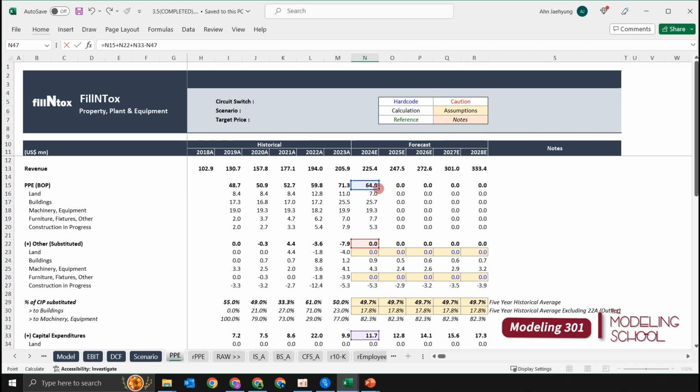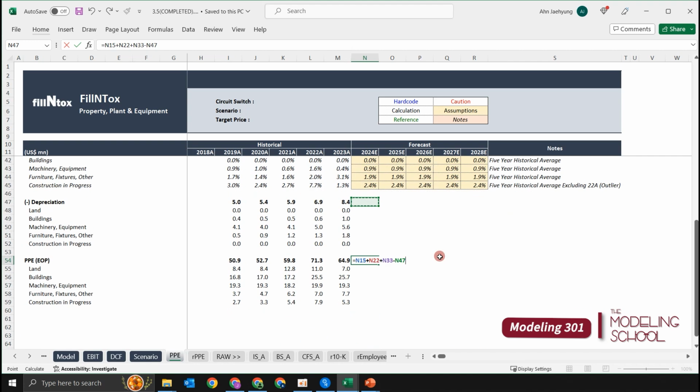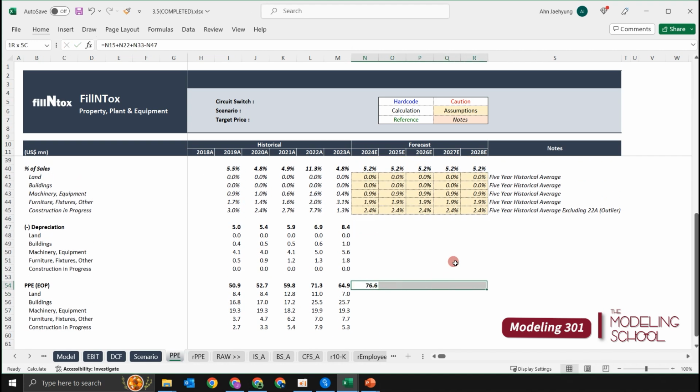And because now all the line items are right next to each other, we can just simply push it to the right, push it to the bottom, and we have our formulas ready.